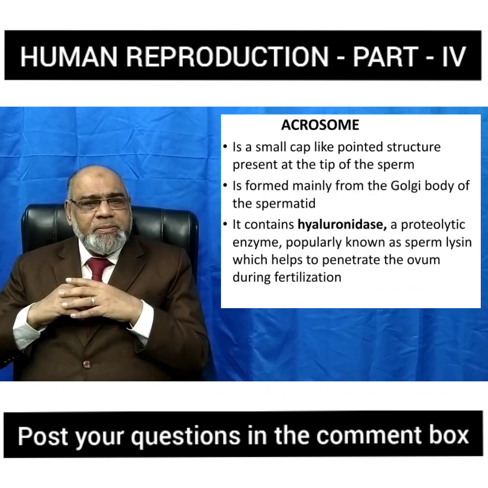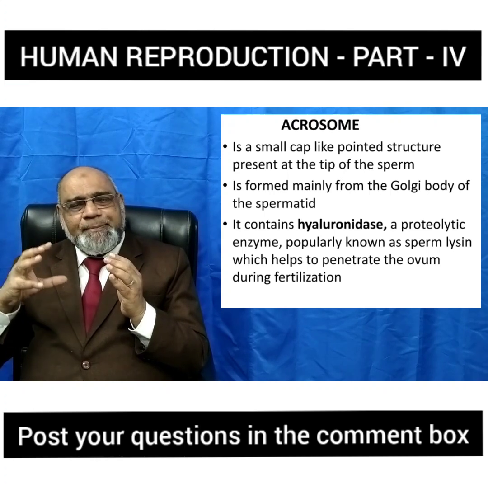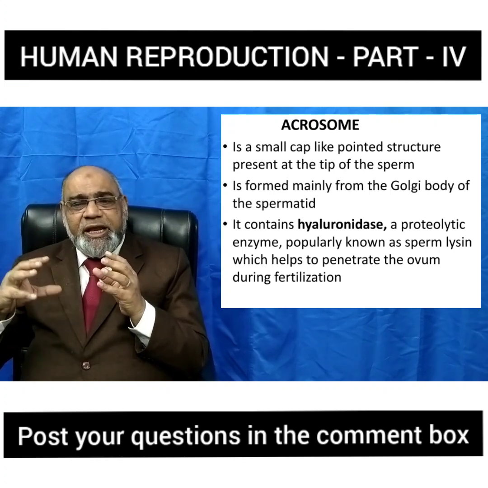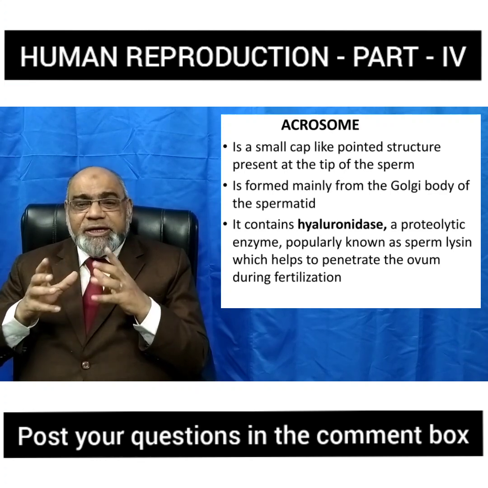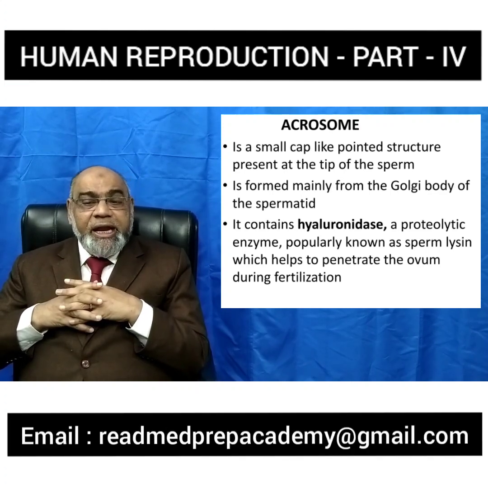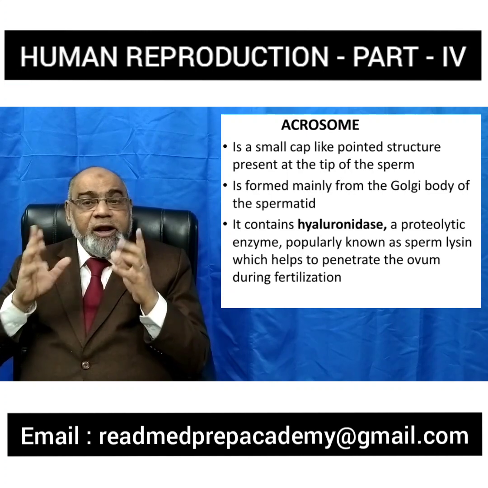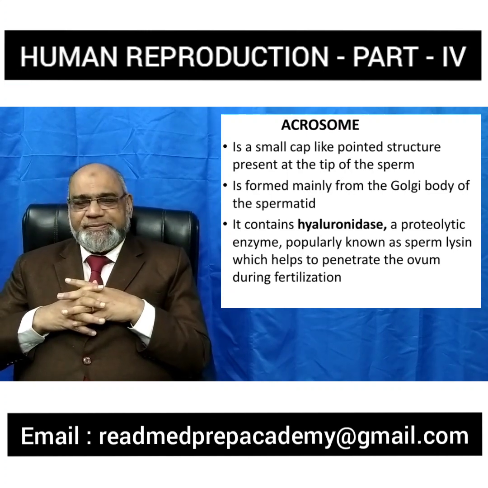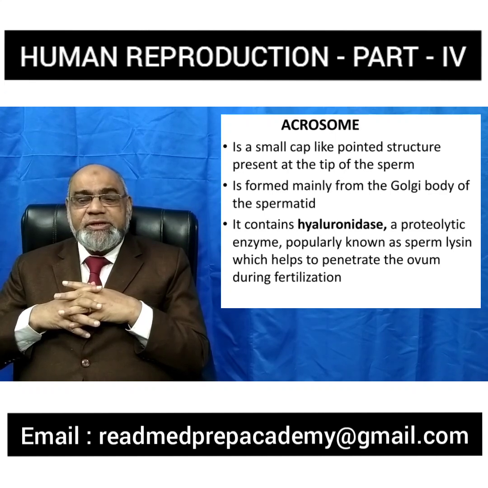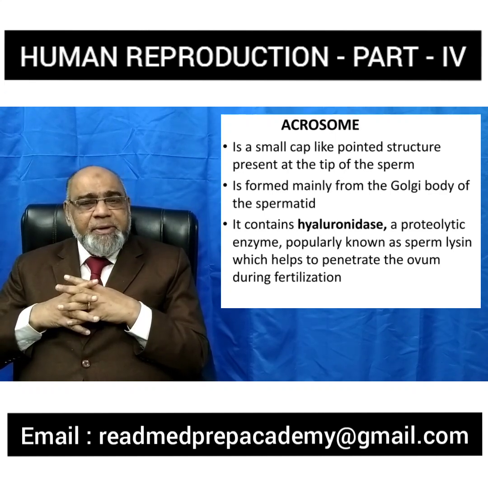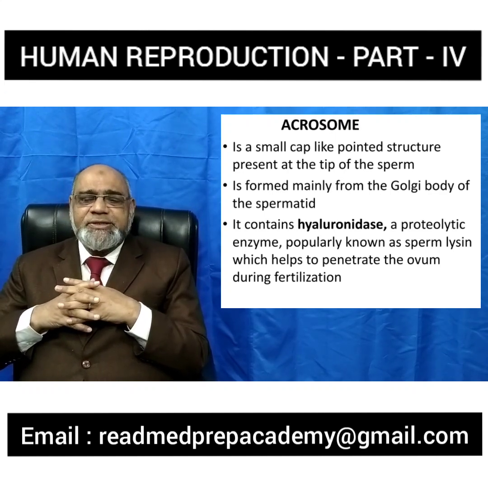What is acrosome? Acrosome is a small cap-like structure that is present in the front end of the sperm, and it is like a pointed structure, and it is formed mainly by the Golgi body of the spermatid. It also contains a proteolytic enzyme. The name of the enzyme is hyaluronidase.